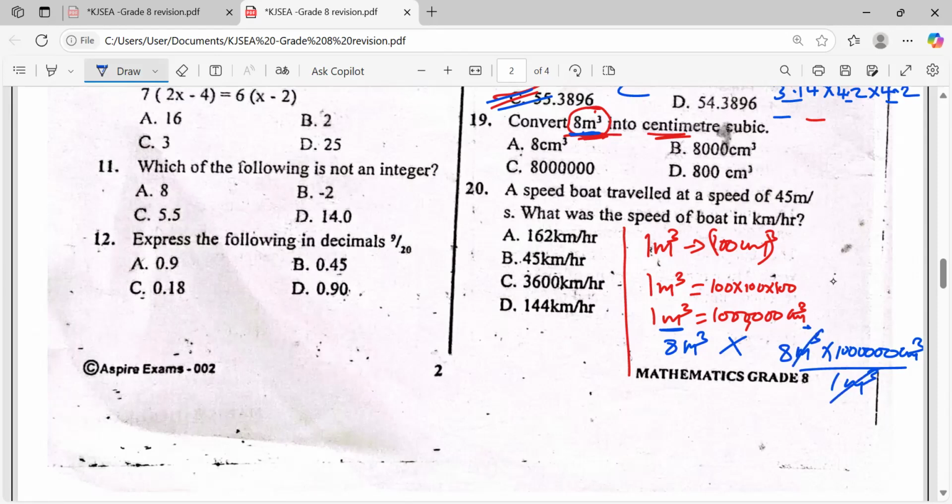This one always cancels with this, so that we have 8 times 1,000,000 becomes 8 million. 8 million centimeters cubic.